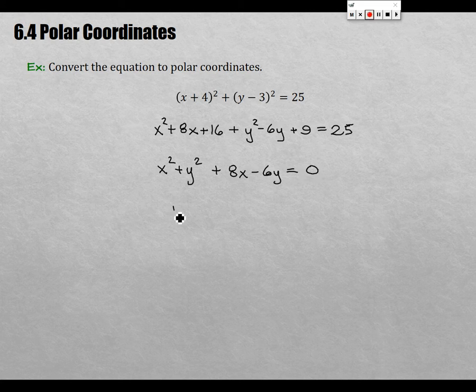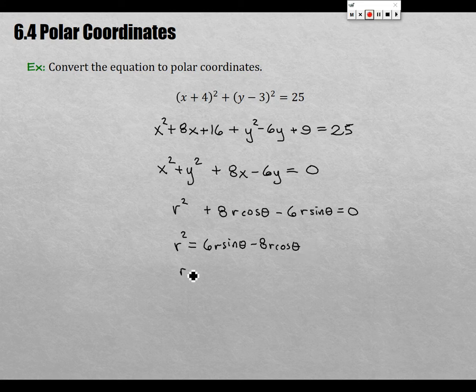So this is r squared. I don't know, let's just make our substitutions. x is also known as r cosine theta, and y is known as r sine theta. So we're doing pretty well. In fact, we could even maybe solve this for r. That would be pretty cool.